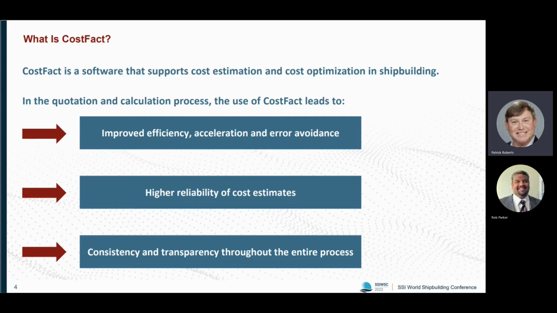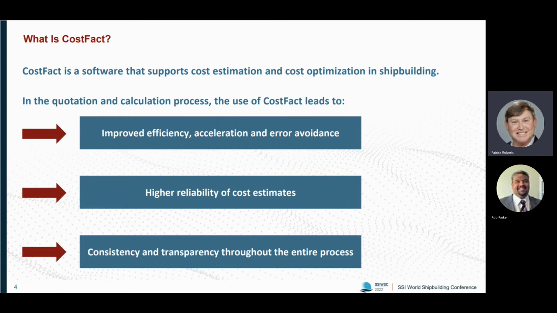The approach of this system is to support the user with a lot of different features particularly for shipbuilding estimations. So the user is supported to be more efficient, to be quicker in generating a cost estimate, and to avoid errors. The reliability of the estimate will be increased, and also quantified, so it will be possible to say how reliable the estimate is.